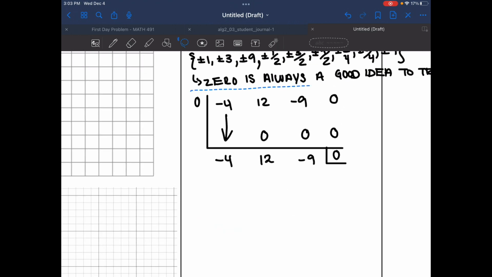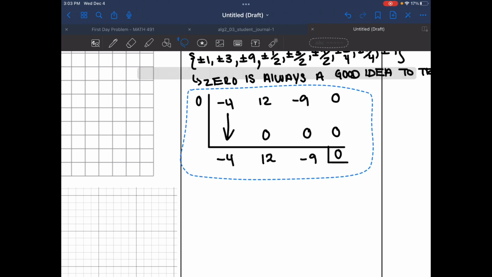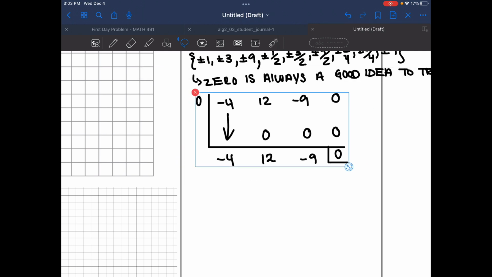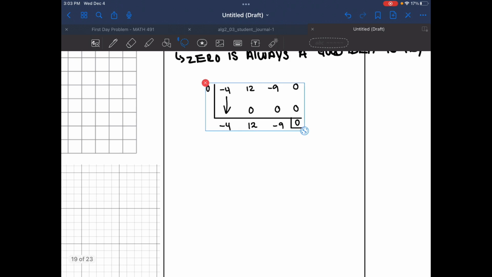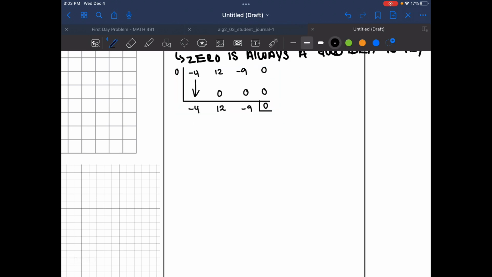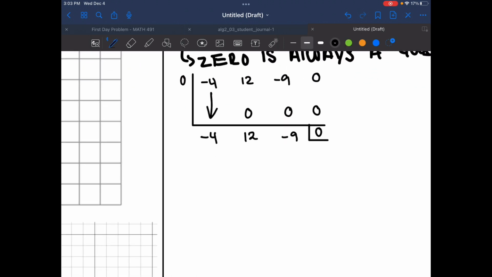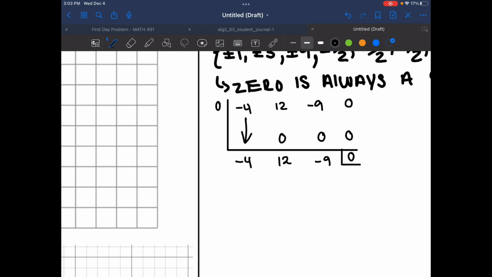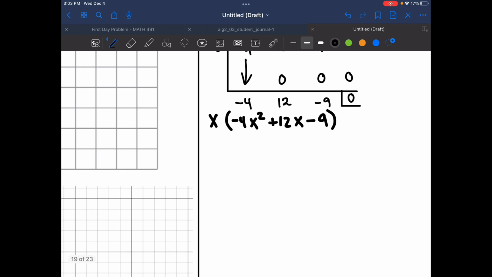I'm also going to do the long division version to show you what that looks like if we choose to do it another way, but I'm going to resize this first. So that means that this would be negative 4x squared plus 12x minus 9, times x, if we write x equals 0.